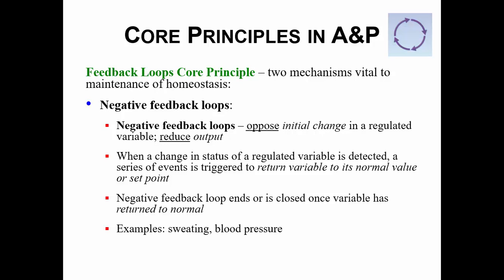So when there's some sort of change, like your temperature goes up, there's some things that will happen to get it back down to normal or set point. And the feedback loop ends as soon as it's reset. So if your body temperature is climbing, what's one thing that always happens? You sweat. That's to get it back down, so that the feedback loop can close, get your temperature back down.